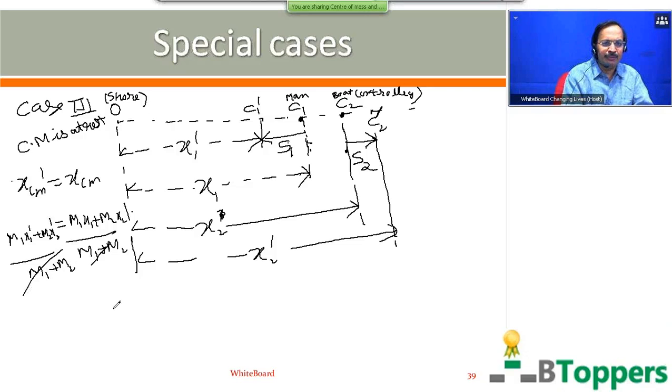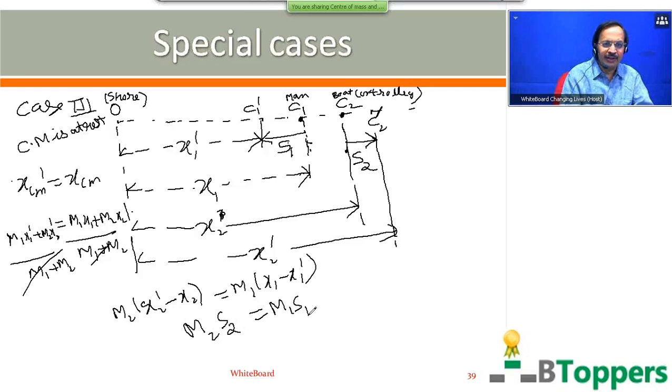So you can observe that here m2 into x2 dash minus x2 equals m1 into x1 minus x1 dash. You can observe from the figure x1 minus x1 dash is s1, and x2 dash minus x2 is s2. So therefore m2 s2 equals m1 s1, or we write m1 s1 equals m2 s2.